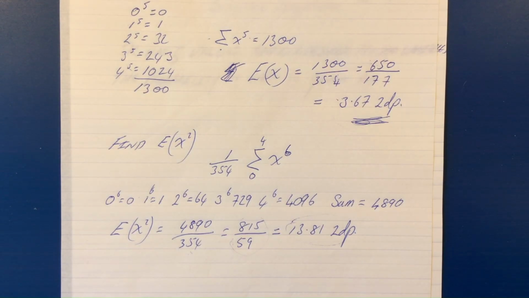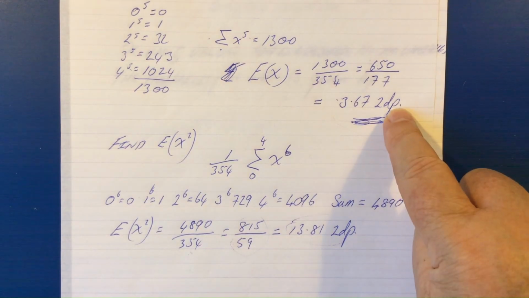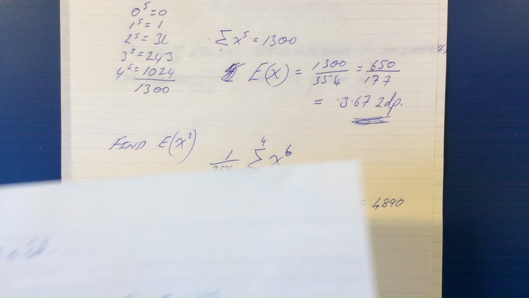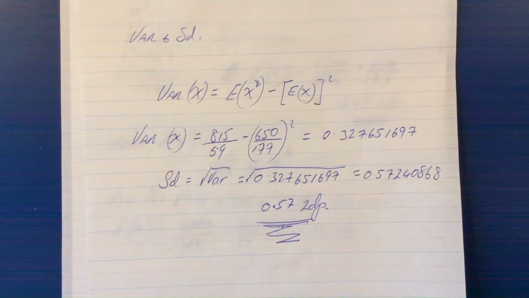That's quite a difference. So just be careful. These are handy references, but you keep your rounding right till the end of a problem. Okay, so let's have a look at the variance and therefore the standard deviation.